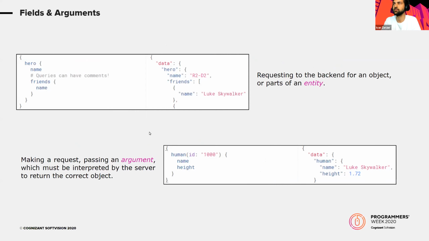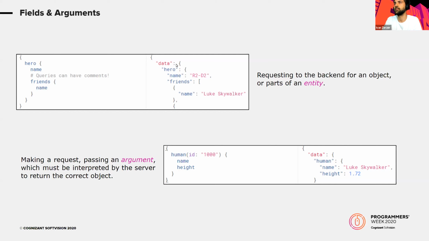In the next screen, I will show you how to perform queries. So here I'm querying for the hero, for which I want to get the name, and the friends, which is an object that returns an array of friends.